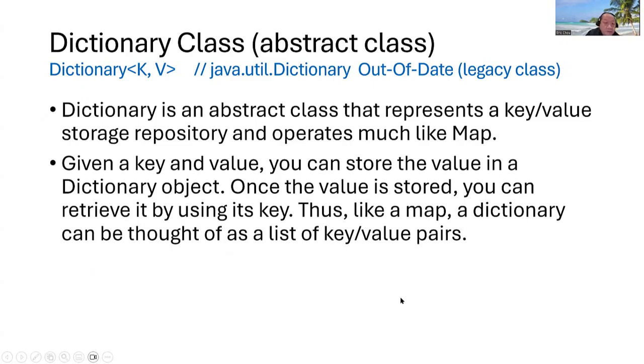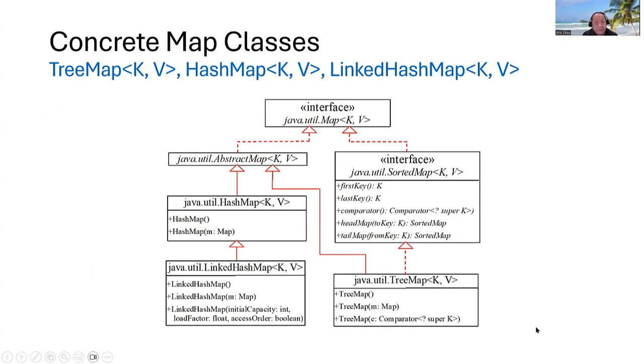In the old days, there's an abstract class called Dictionary as well, but it's already a legacy class. It's out of date. Nobody uses it anymore. And then concrete map classes, there are tree map, hash map, linked hash map. These three are all maps. Okay.